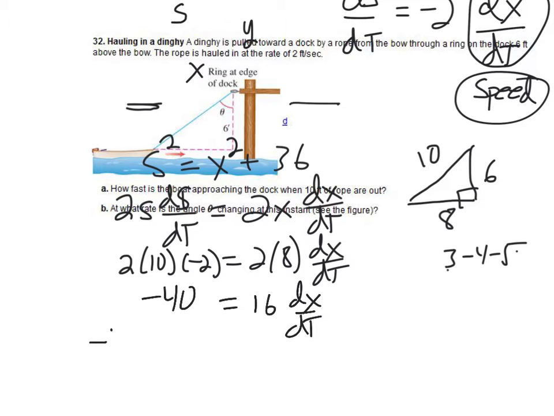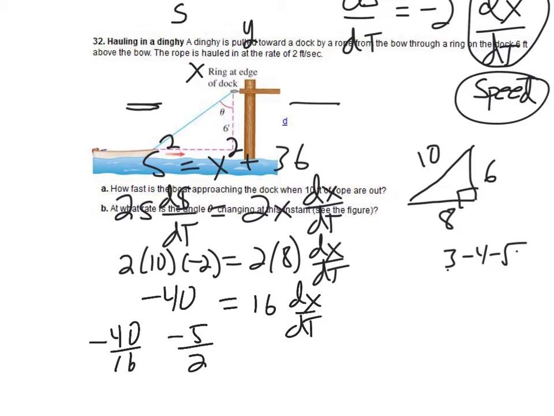So I get negative 40 over 16, and of course we want to simplify this. You could write it as a decimal, but it's a nice fraction, so why do all that work? I see a greatest common factor of 8, so negative 5 over 2.